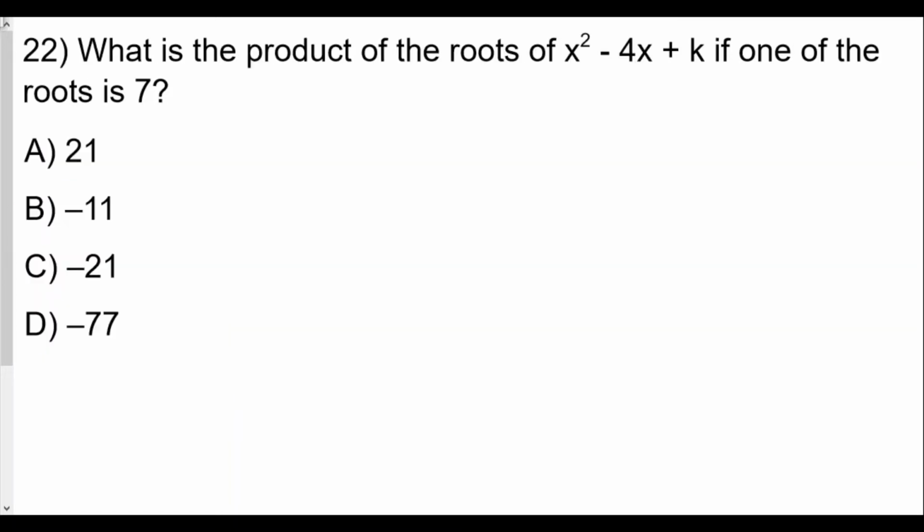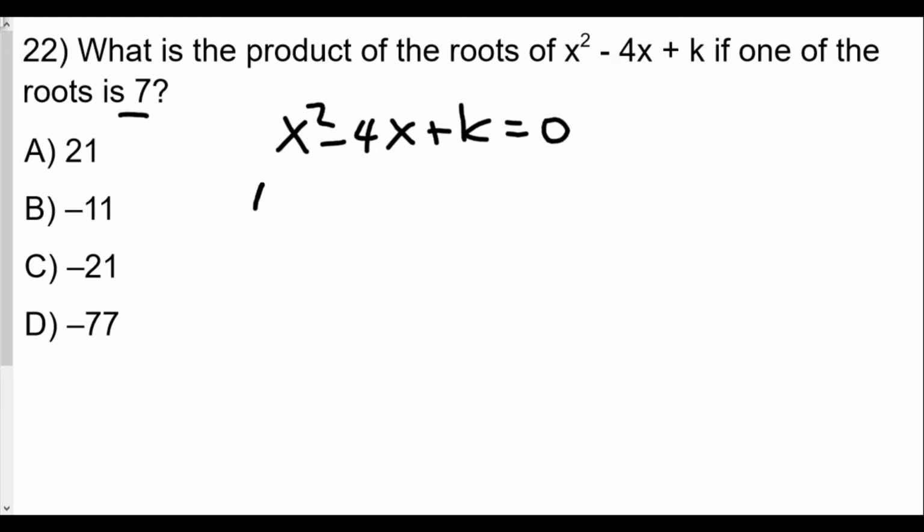22. What's the product of the roots of x squared minus 4x plus k if one of the roots is 7? Well, I always say in this case, whenever they give me one of the roots, we're plugging into the equation. Of course, this equation is going to be equal to 0 because the roots are the value of x when the equation equals 0. So we'll plug in 7.